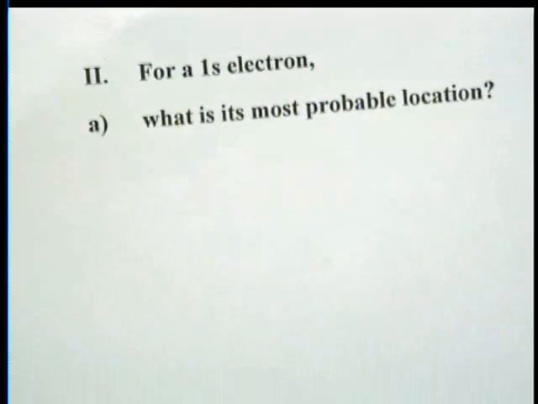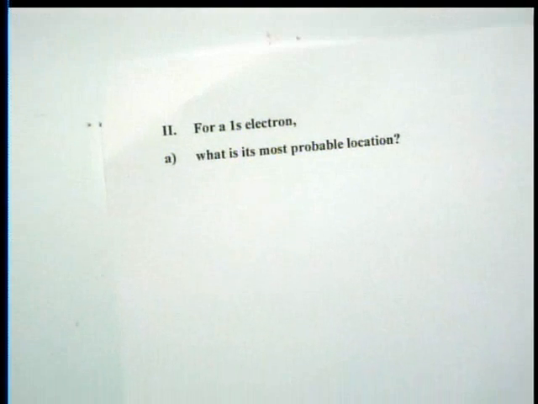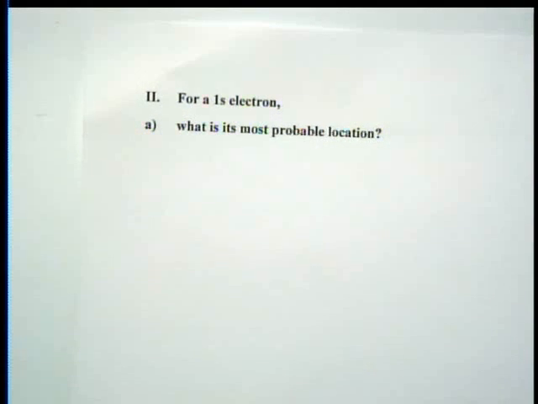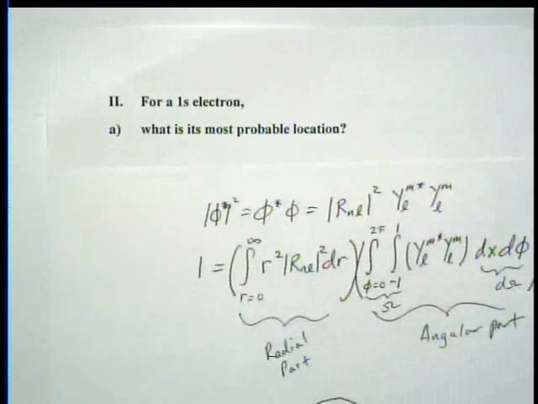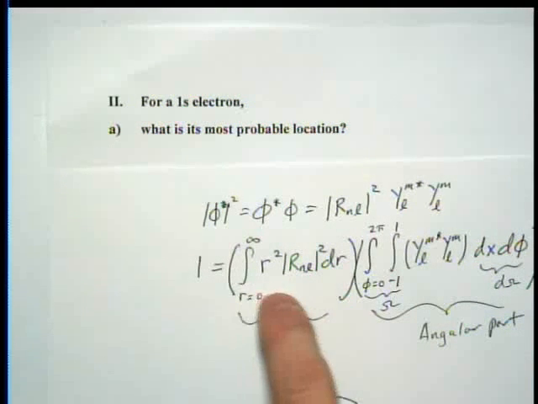So what is the most probable location? I need to get that probability function. And it turns out because you can integrate anywhere, all over space, in theta and phi, that integral is going to be 1. So the only part I have to worry about for this problem is what's going on in r.